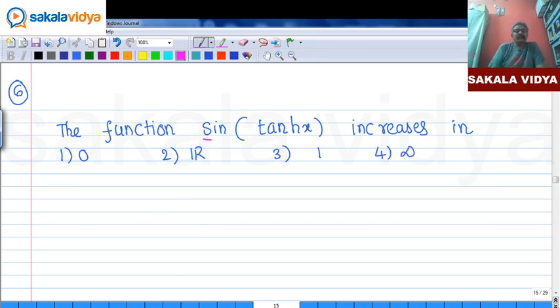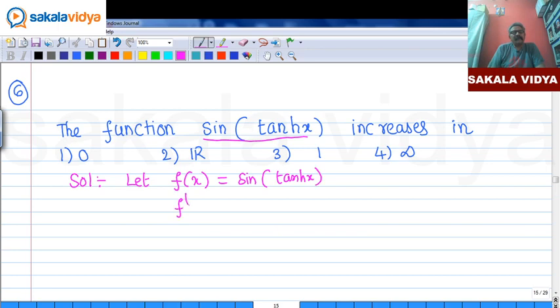Now here also tanh x is a hyperbolic function, its domain will be R only. So we need to check now. Let us say f of x equals sine of tanh x. Let us find f dash x.